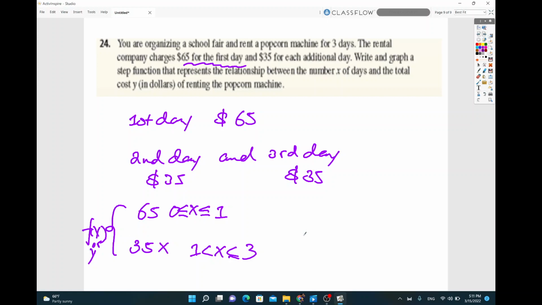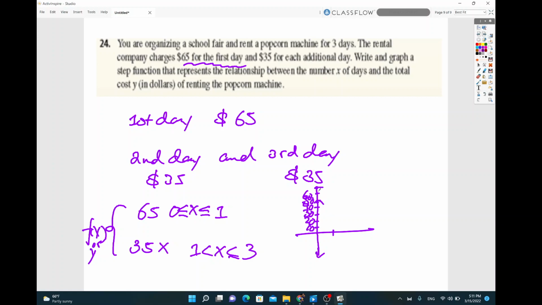Okay, so sketching the graph here. From 0 to 1, the school's spending $65. So let's use 10, 20, 30, 40, 50, and then 60. 65, that's somewhere here.